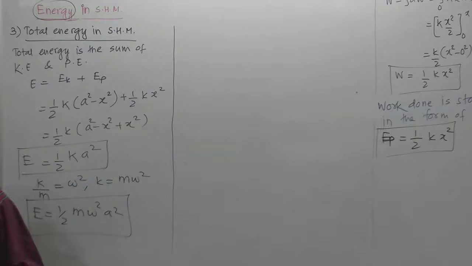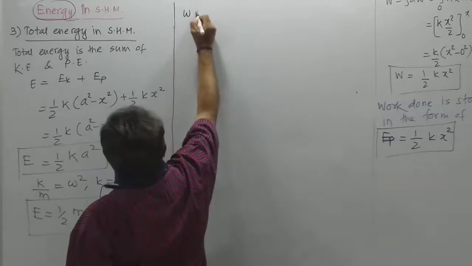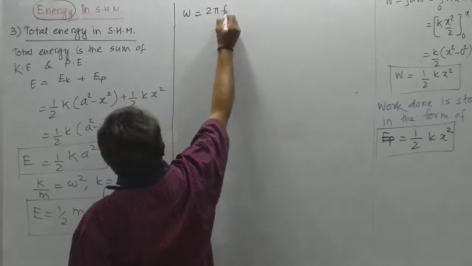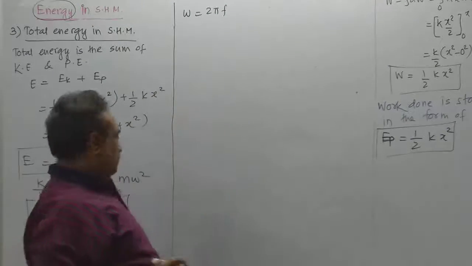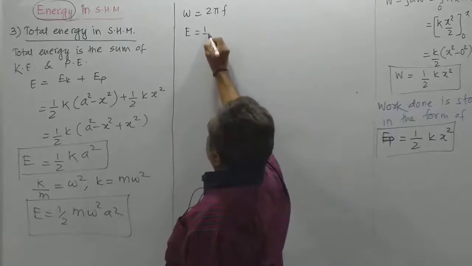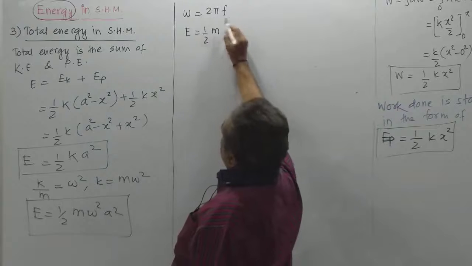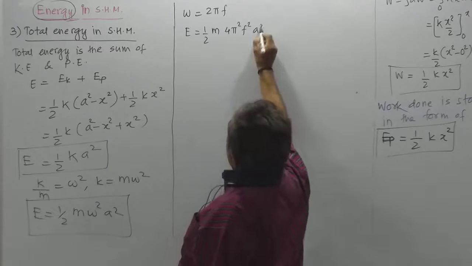Now you are aware that omega is equal to 2 pi f or 2 pi n, whatever notation you use, f is the frequency of SHM. So I can write total energy is equal to half m omega square, which is 4 pi square f square, into A square.